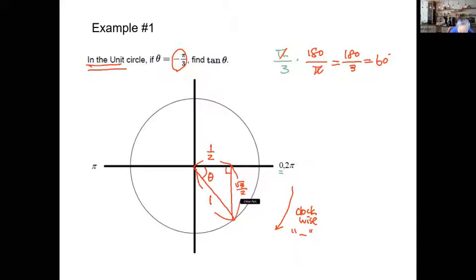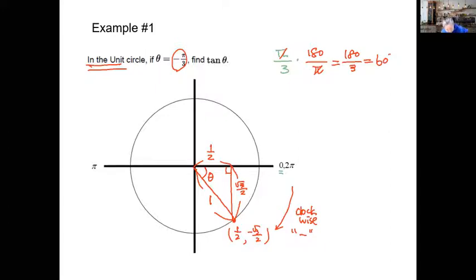For our convenience, this is going to be negative radical 3 over 2, and then positive 1/2 here. Does it make sense? Because the opposite leg is radical 3 over 2, but it's in a vertically negative position. So the vertical coordinate is negative radical 3 over 2, and the horizontal coordinate is still positive. It's to the right side of that 0, right?